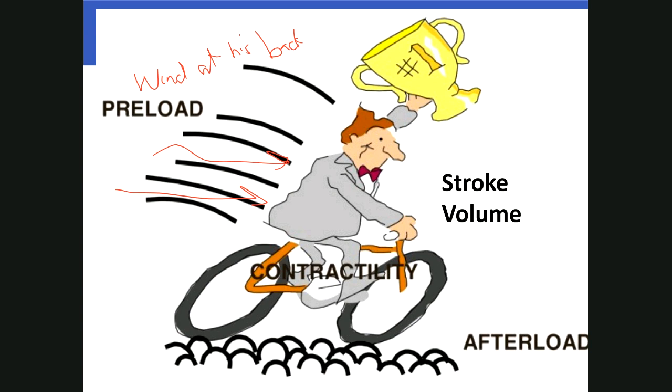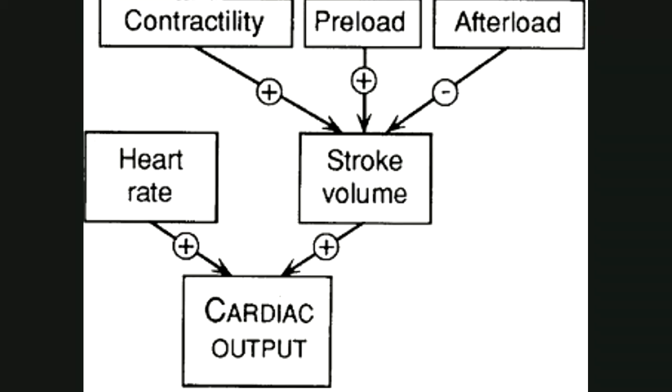So is that going to make stroke volume go up or go down? That's exactly right. Preload, the more blood there is in the heart, the more you can squeeze out, the bigger the stroke volume. So preload helps stroke volume. And preload is basically EDV.